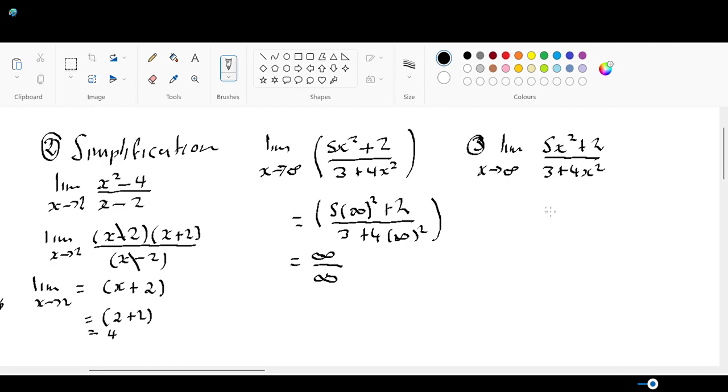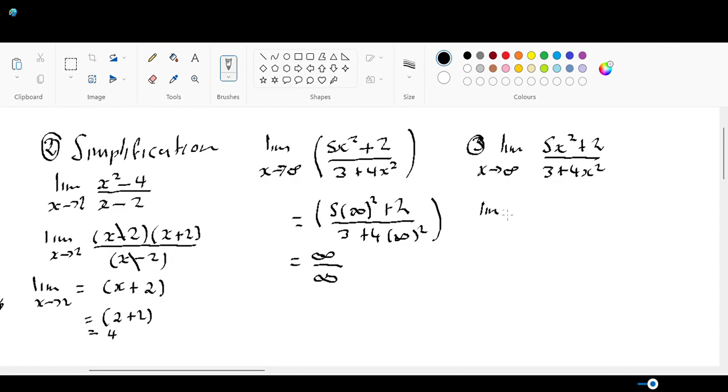When it's like this, guys, what you should do is divide by the x with the highest power, in fact, not value. That is the third step. So what is the highest power here? Which x has the highest power? They both have the highest power of 2. So you divide by it. So how are you going to do it?